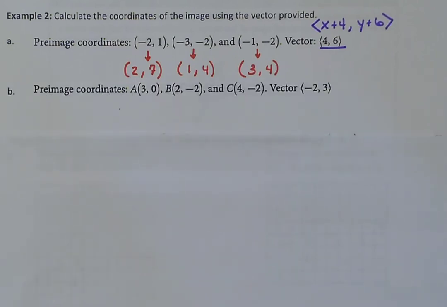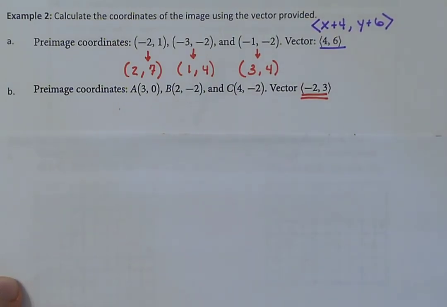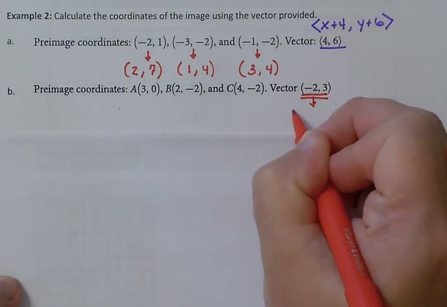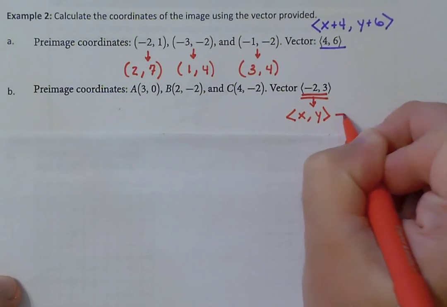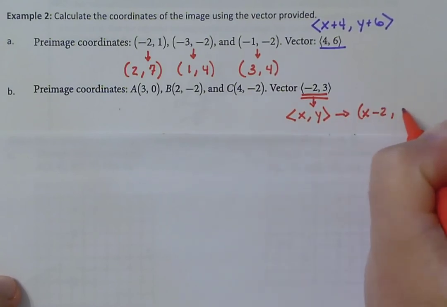I'm not going to run through every component of part B just to save time, but I am going to help you set up your vector of -2, comma 3. And what that vector implies is x, comma y becomes x minus 2, comma y plus 3.